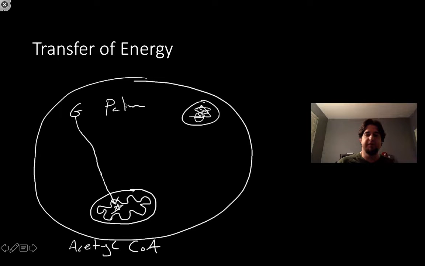Now, for the fatty acid, palmitic acid, we're actually going to attach a coenzyme A first out here in the cytosol and get it transferred in, and then make a whole bunch of acetyl-CoAs after that. And then from the acetyl-CoAs, a whole bunch more stuff will be oxidized and oxidized and oxidized, and a whole bunch more ATP will be made from there.